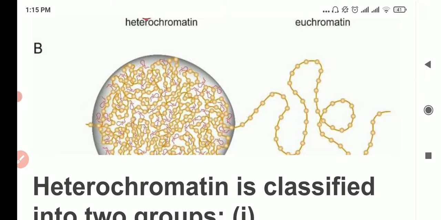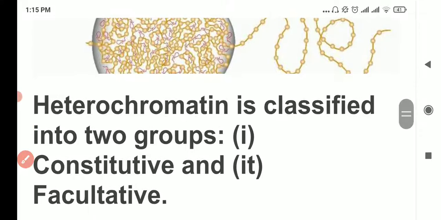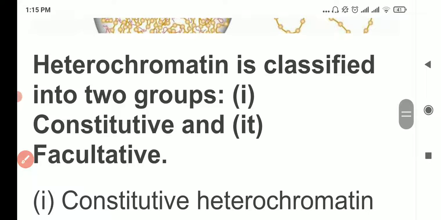So this is the stretched part of your DNA. These round beads are your histone proteins and those are the linker DNA. Okay. And it's simply histone and the linker that is coiled. Depending on how tightly coiled they are, they will be heterochromatin. If they are more loosely coiled, they are euchromatin. So heterochromatins are of two types, the constitutive and the facultative.